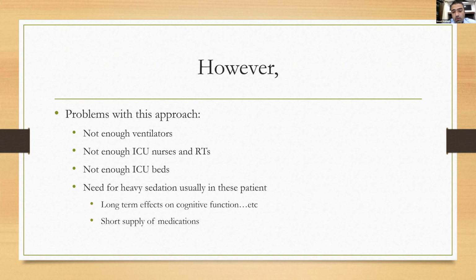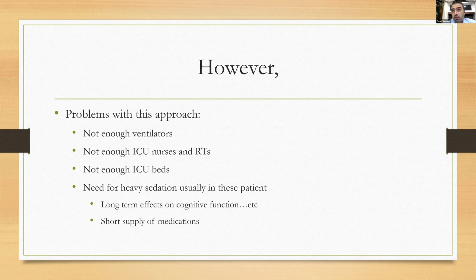The second thing is that when you intubate these patients, a lot of them will need a lot of medications to keep them sedated and to control their work of breathing, with all the risks associated with this approach: the effect on cognitive function, the risk of critical illness myopathy, and all these complications that can happen.